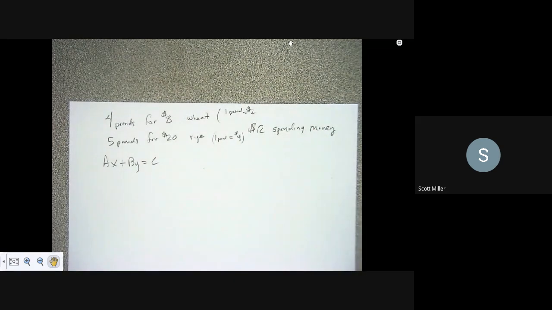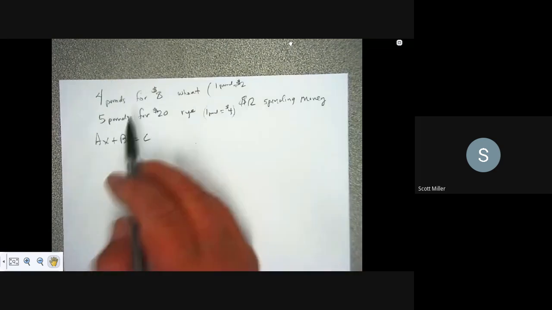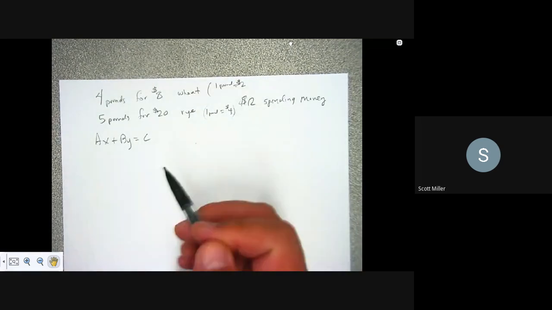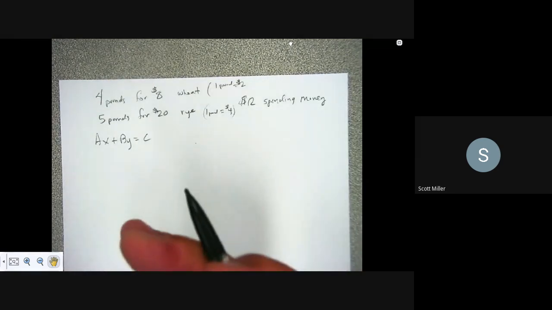I want to put some wheat and rye into a bag. Okay? The prices don't change based off of how much I get. So the only thing that's going to change is how much I have. This tells you then that the variables, the things that change, are how much I have.